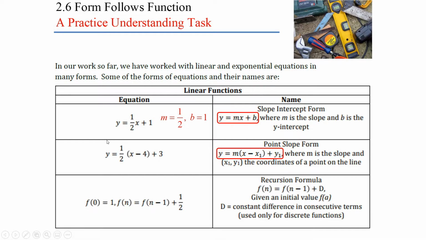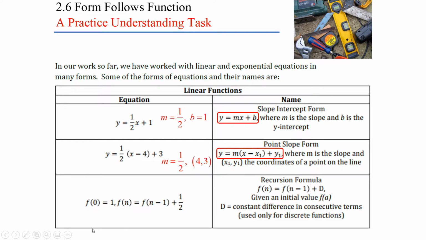So when I have an equation in point-slope, I see the slope, which is still 1/2, and then I see x minus x sub 1, so the x-coordinate of my point will be 4, plus y sub 1. The y-coordinate of the point would be 3. So now, instead of a y-intercept like above, I have a point. When I graph this equation in point-slope, I start with my point and then do the slope from there to get my second point so I can draw my line.